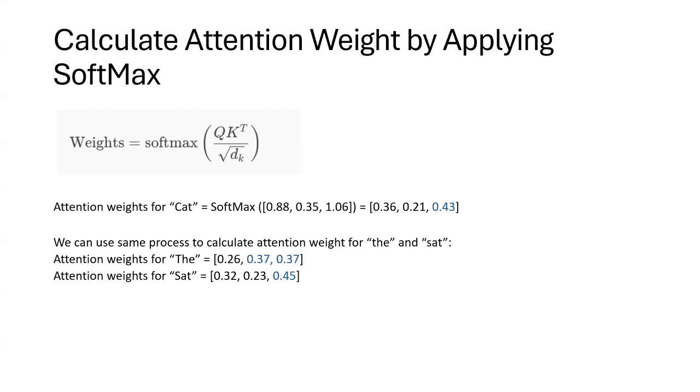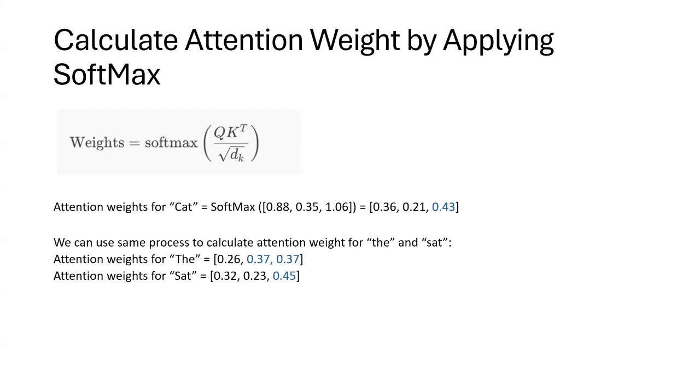And if you add all three values, it will be one, right? So here the maximum value you see is for SAT, right? So what does this represent? It represents that after cat, cat has more attention to SAT, so there is a chance that after cat, SAT will be predicted. Okay.